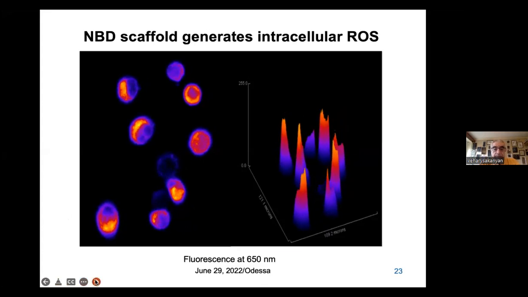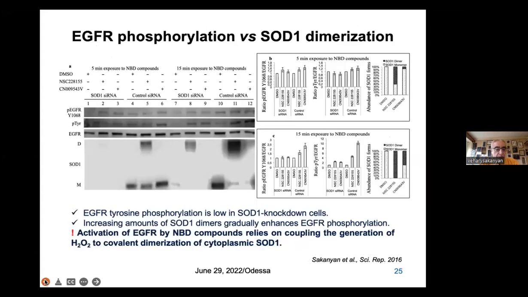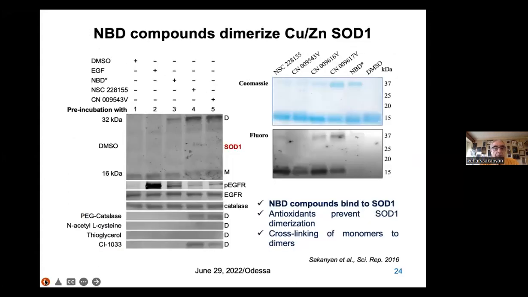Next one. Here, in this important picture, we observed the action of the compound. And here you can see, first of all, to the left, the binding of the MBD compounds to one of maybe the most important enzymes, superoxide dismutase.